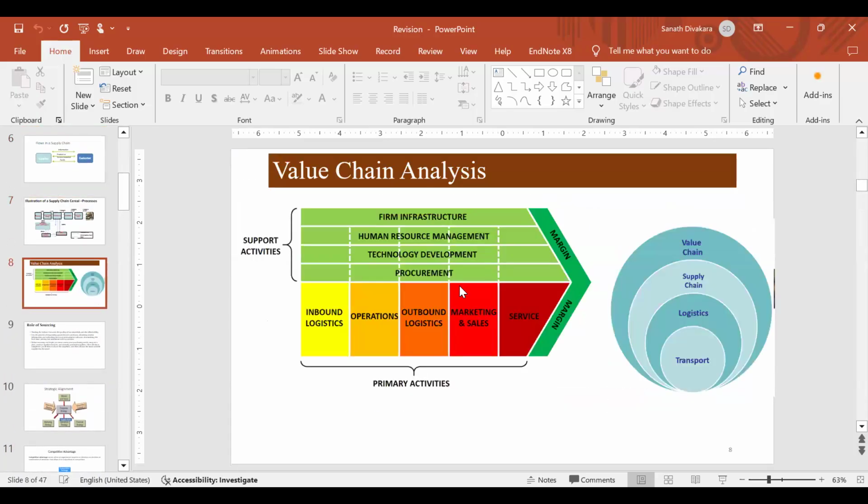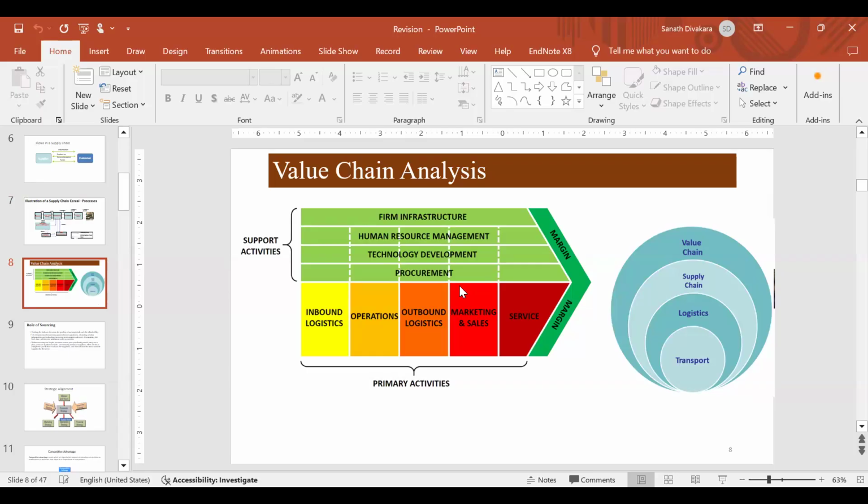Try to get some familiarization, like value chain analysis. What is value chain analysis? You have to remember it, right? Value chain analysis is the big picture, the entire process of adding value to the product.